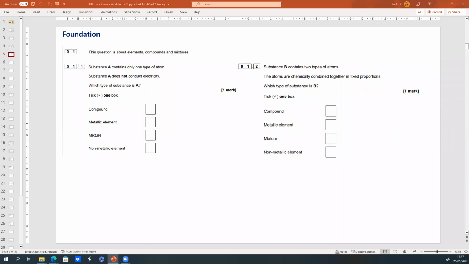Okay, so elements, compounds, and mixtures then. An element is one type of atom. A compound is 2 or more atoms, and a key thing here is that they are chemically combined.